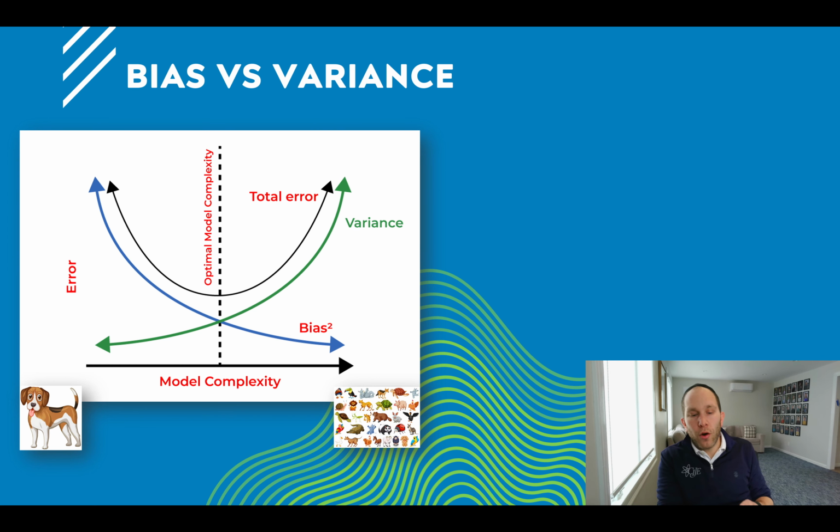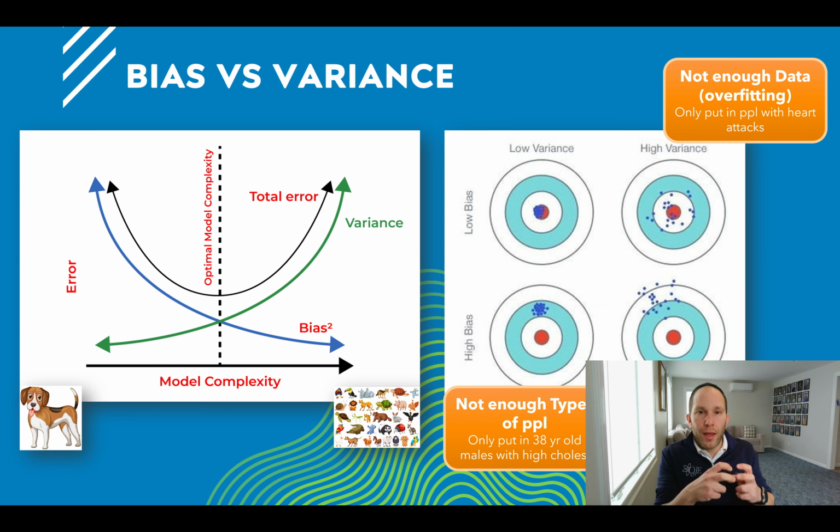We call that overfitting, meaning it's trying to match our exact picture to something exactly that we've given it. That's also a problem because we don't want it to think everything is a different animal. We do want it to squeeze things into categories and say, oh, this looks like a dog, it is a dog. So when we have too much variance, we call that overfitting. When we have not enough variance, we call that bias.